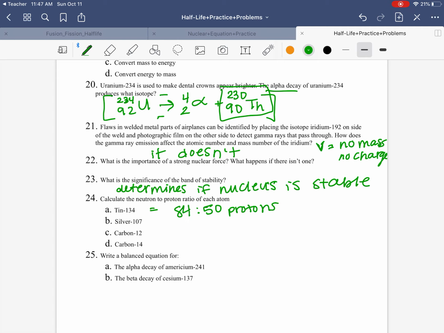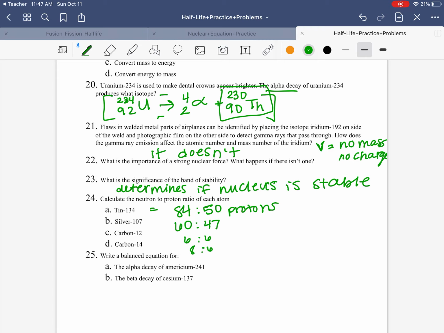So that is your neutron to proton ratio. Silver has 47 protons. So 107 minus 47 equals 60. Carbon 12 has 6 protons, 6 neutrons. Carbon 14 has 6 and 8.